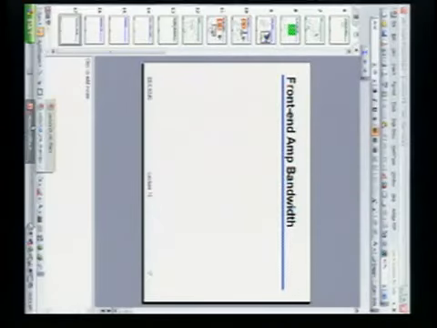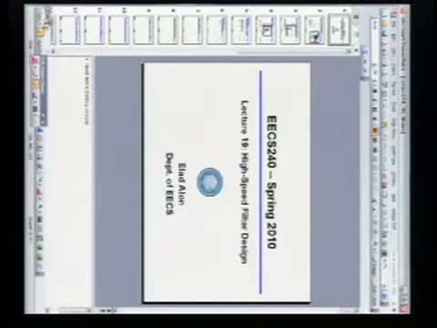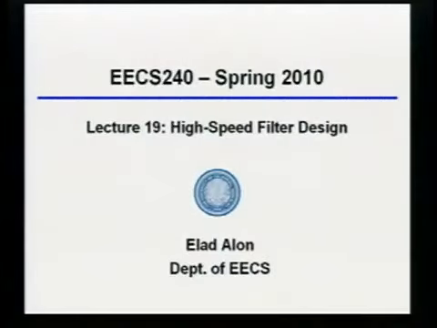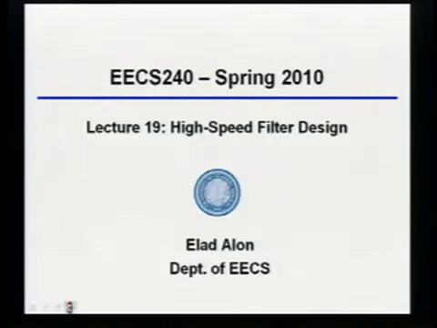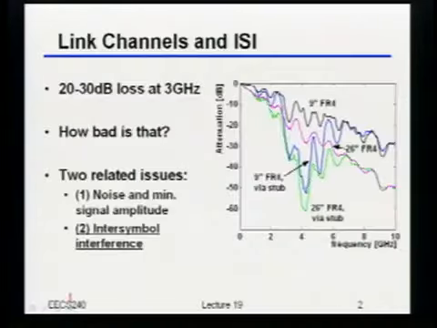So now that we've learned a bit about what links look like and some of the key issues, what we had talked about was, once we looked at what the channels looked like, we said there was something like 20 to 30 dB of loss at our Nyquist frequencies, meaning at the ranges of frequencies we were interested in.